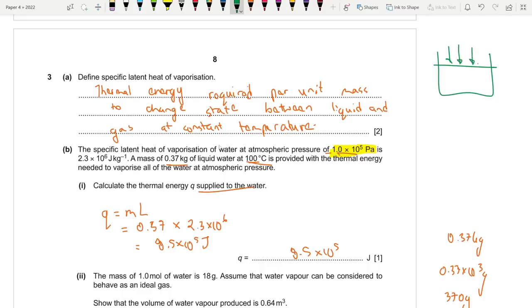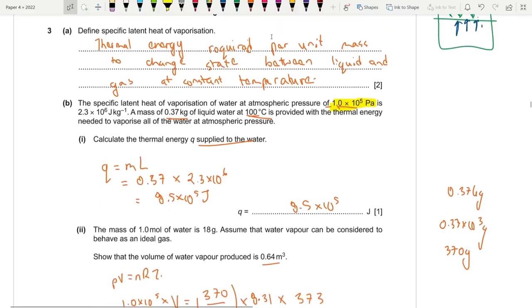Why is that? Because the liquid actually boils when the vapor pressure exerted by the liquid is equal to the atmospheric pressure.